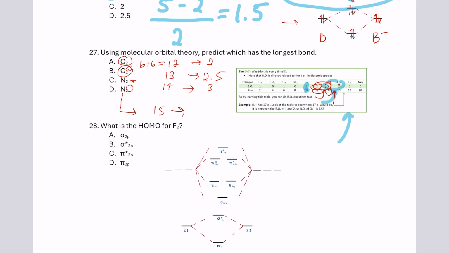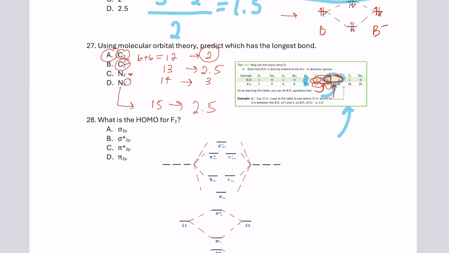So the bond order is going to be an average of 3 and 2, and that is going to be equal to 2.5. Now, which one of these has the longest bond? The longest bond is going to be associated with the lowest bond order, which is going to be 2. So answer choice A.